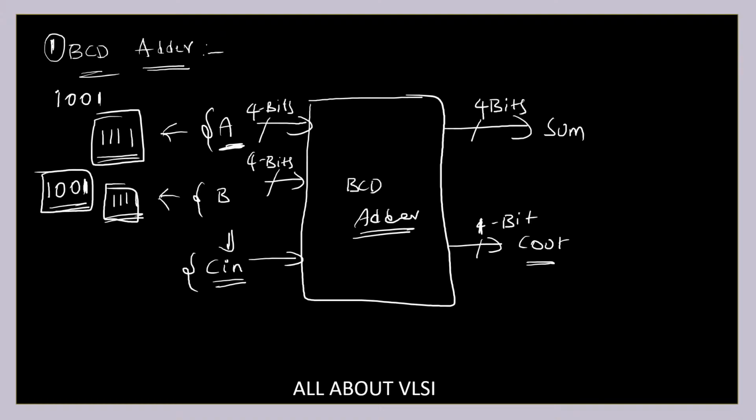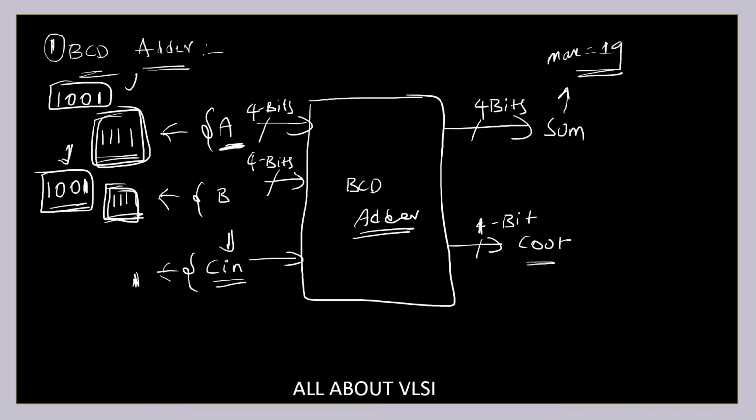This is the maximum value the user should provide. He should not provide all ones and all ones because this is not a BCD number, right? So 1001 and 1001 if he provides and C is equal to 1, then 9 plus 9 is 18 plus 1 is 19. So the maximum value of my sum will be equal to 19.